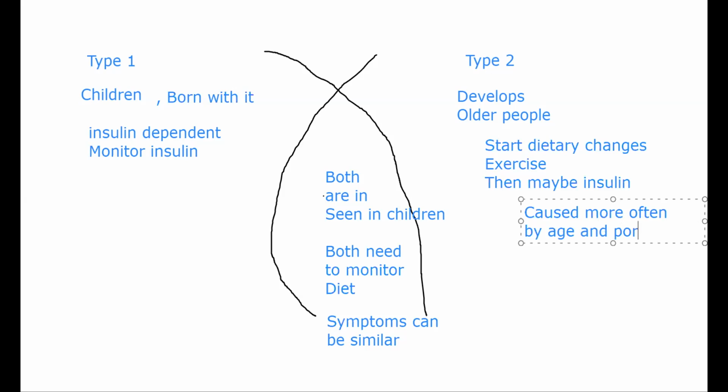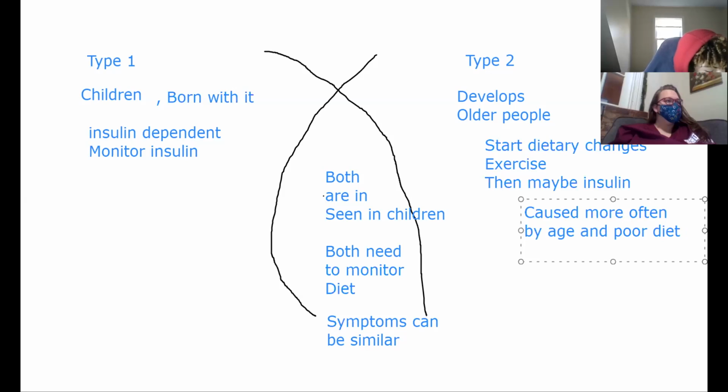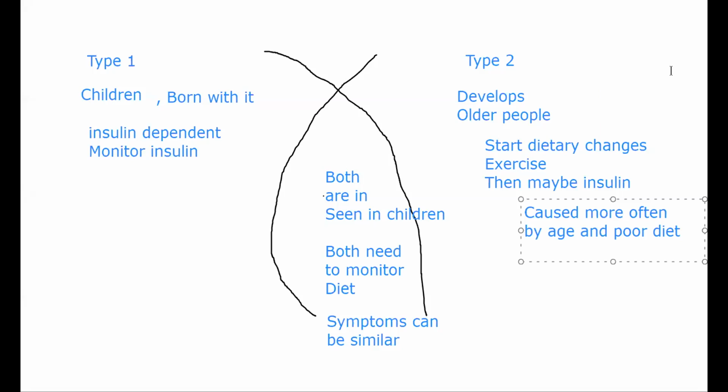So that's why one of the things we discuss in class is that before 2020, obviously heart disease is a problem, cancer is a problem, the drug epidemic's a problem, violence is a problem, but type 2 diabetes is probably up there in the top 5 medical issues in the United States due to poor diet. So it's probably up in the top 10. Some people would put it top 5.